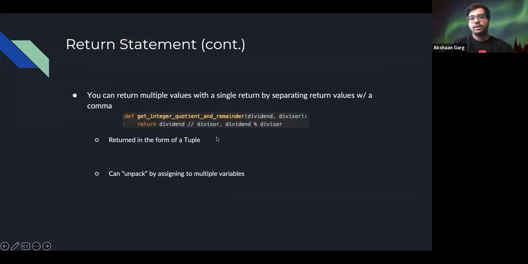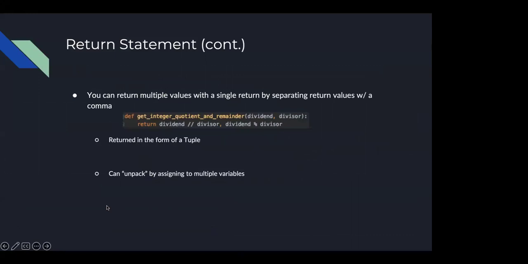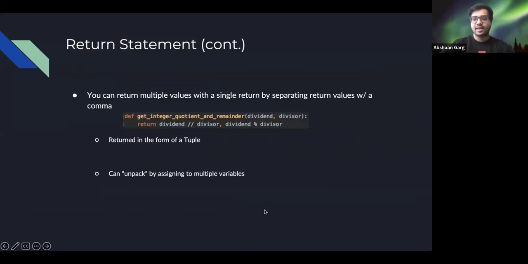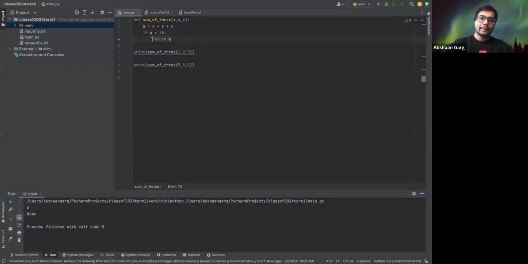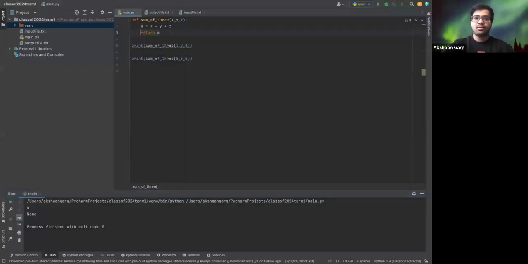You can return multiple values with a single return by separating return values with a comma, right? So let's have a look at our example again. Let's say I don't just want to return the sum. Let's change this function to also include multiplication.